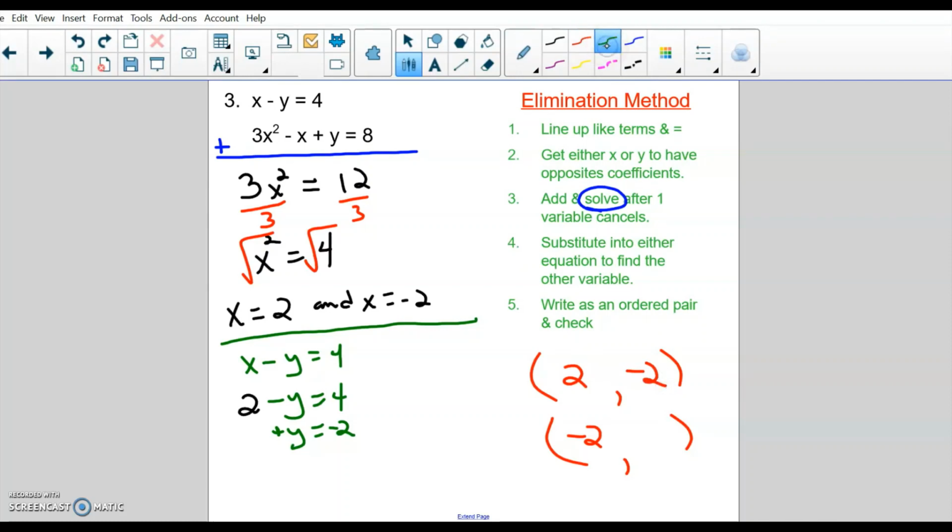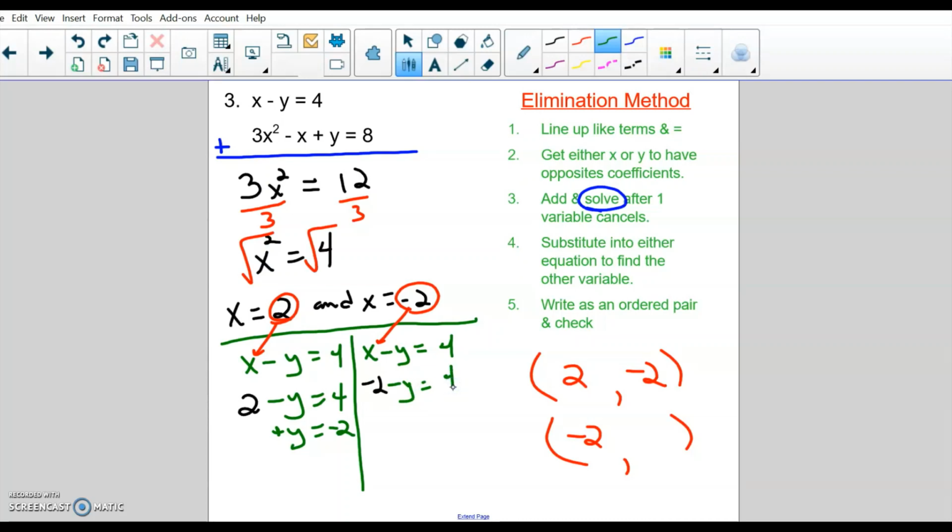Alright, so to do our second y value, I'll use the same equation, x minus y equals 4. I'll use this x value to plug in. So negative 2 minus y equals 4.